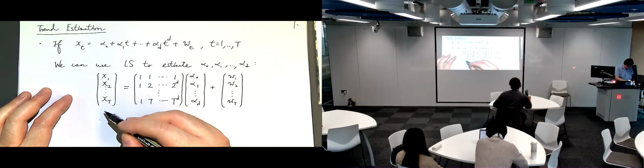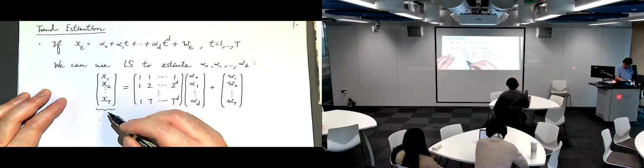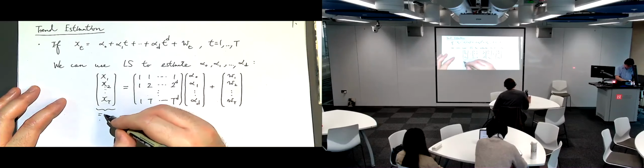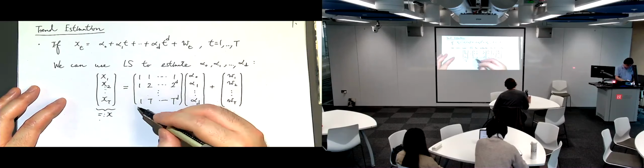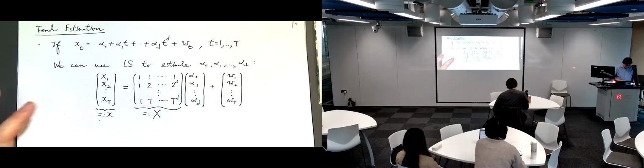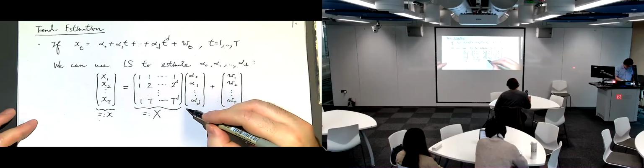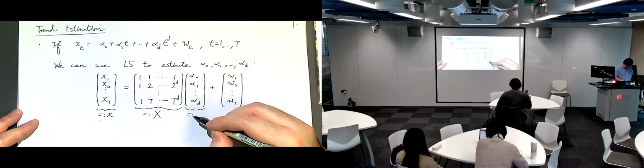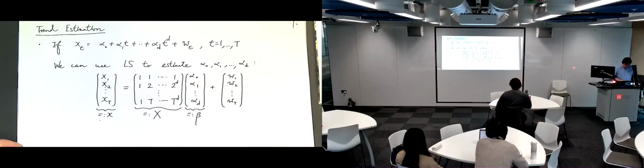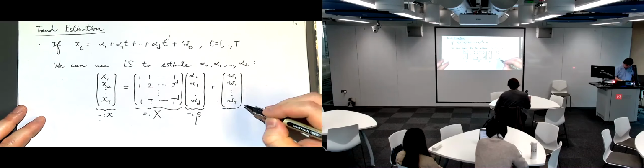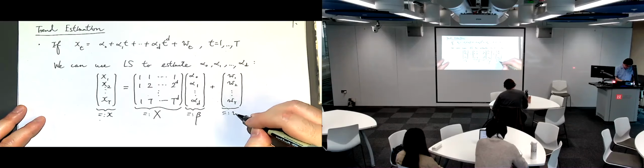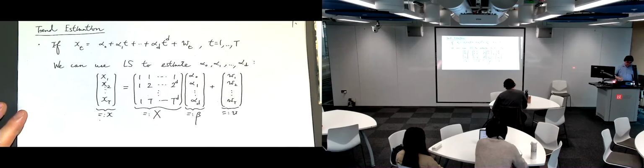So this is matrix form because this is what? Well, you can say this is a vector x, and then you can say this is a big design matrix X. Let's use beta to denote the vector of coefficients, and this is w. So this is noise, right?